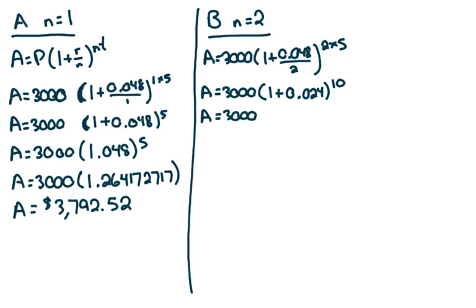One plus 0.024 is 1.024 to the power of 10. 1.024 to the power of 10 is 1.2676506.